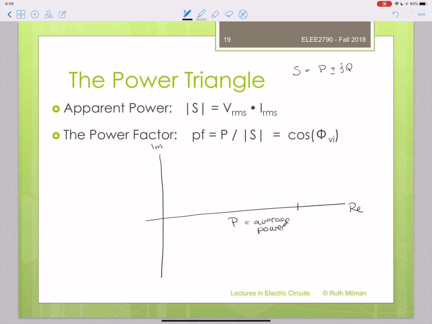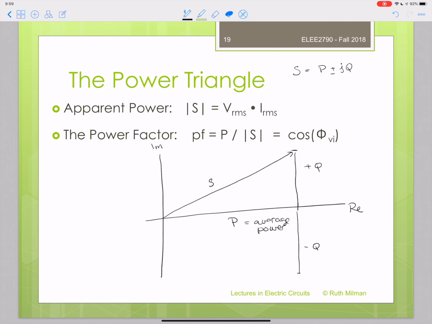We put that along the real axis. Q, even though it's not really an imaginary number, gets put on the imaginary axis. And sometimes that number is positive, sometimes that number is negative. If we do that in this way, then we have our complex vector S. And remember what each of these are.